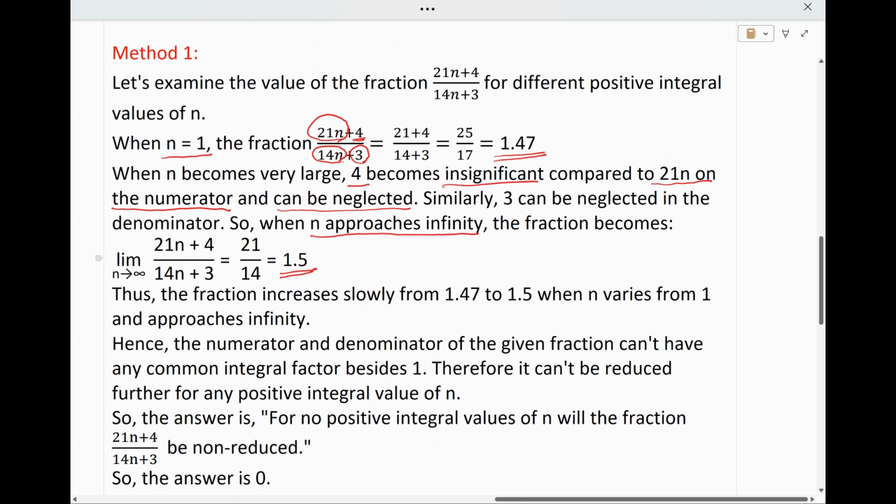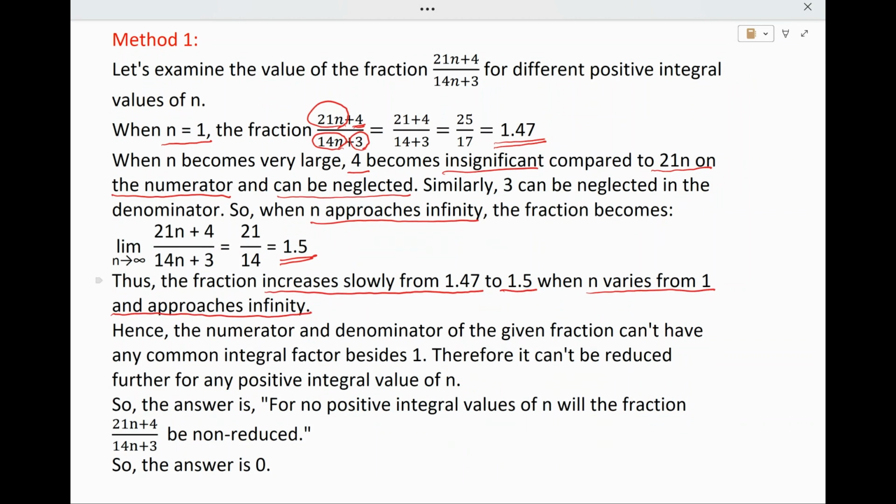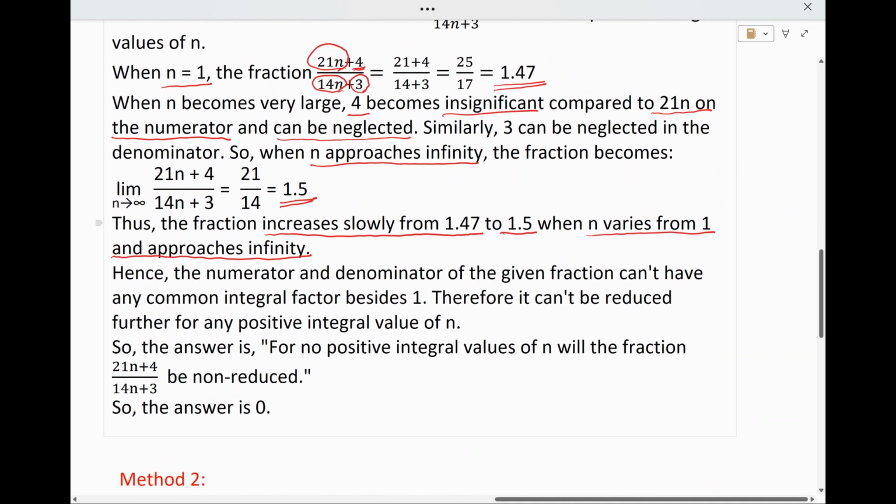So the fraction decreases slowly from 1.47 to 1.5 as n varies from 1 and approaches infinity. This clearly shows that the numerator and the denominator of the given fraction cannot have any common integral factor besides 1.